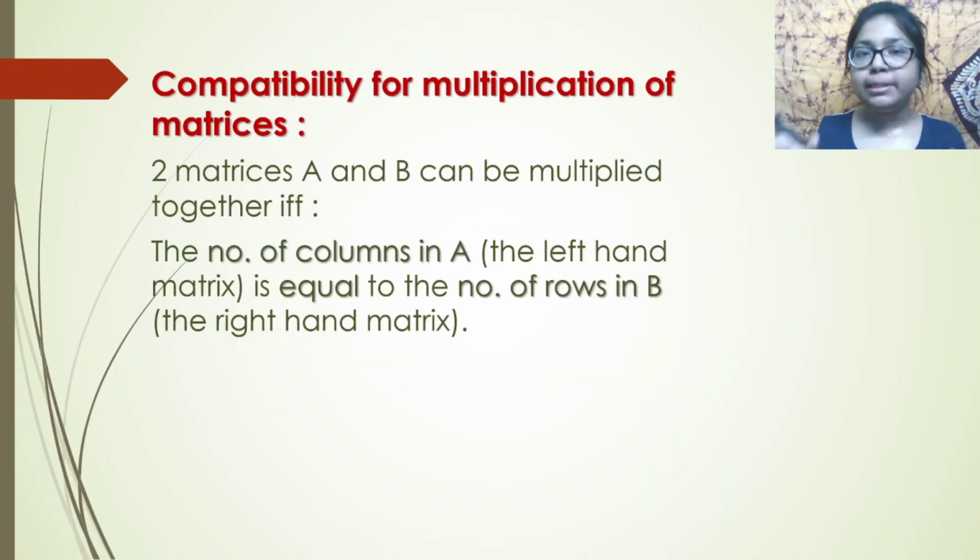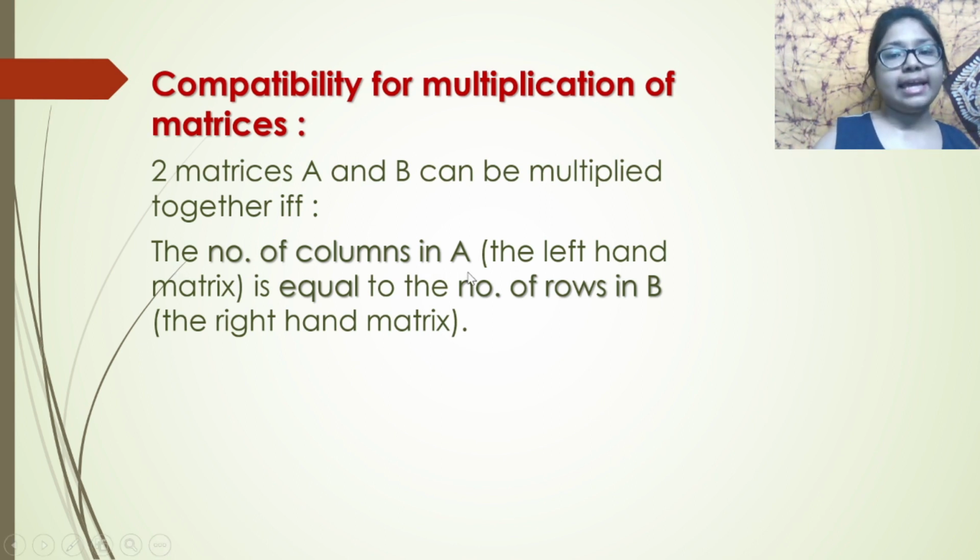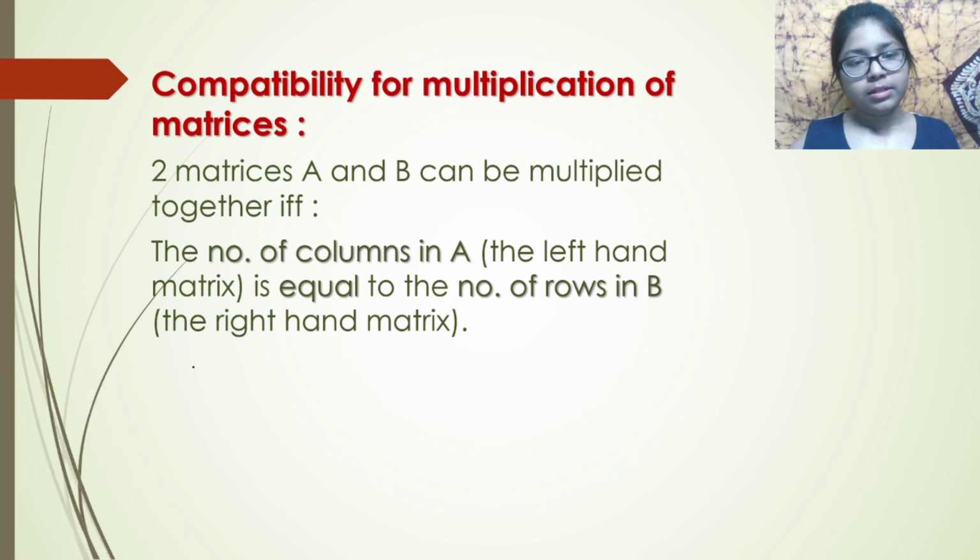For multiplication of two matrices, there is a certain criterion which has to be fulfilled. What is that? The number of columns in A is equal to the number of rows in B. Suppose you are multiplying two matrices.